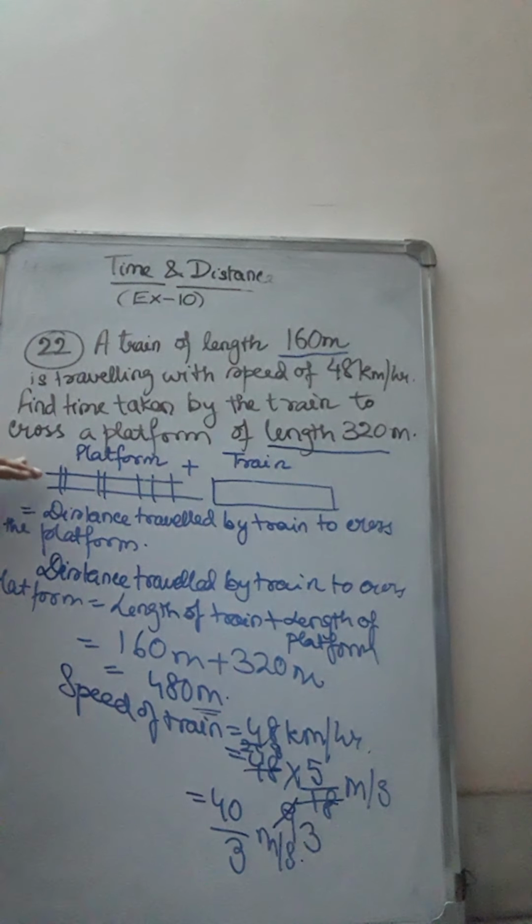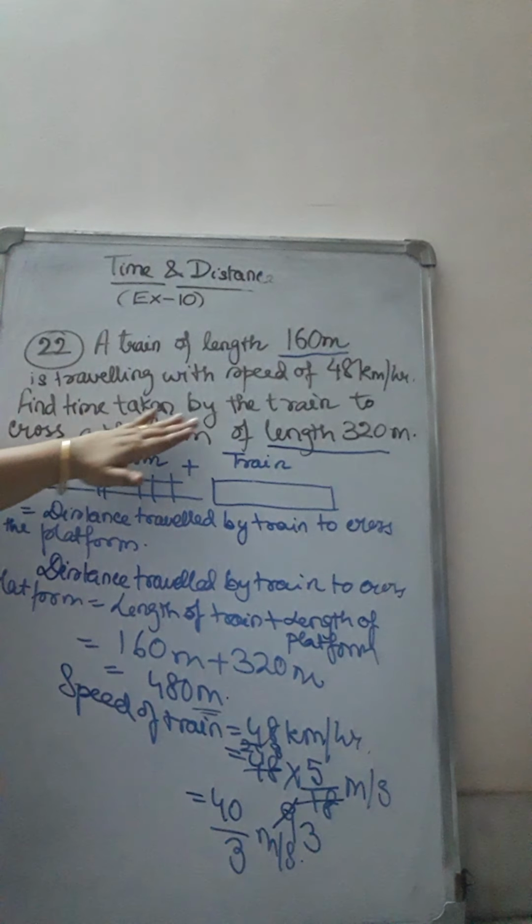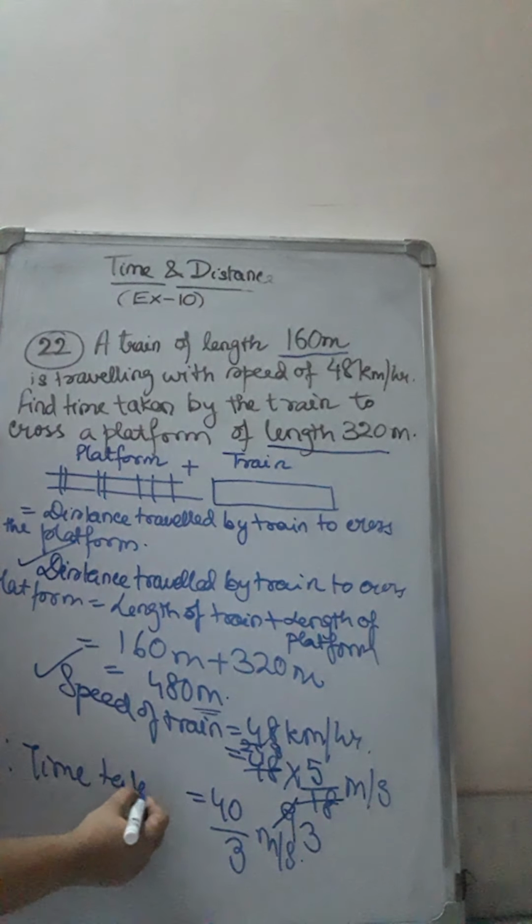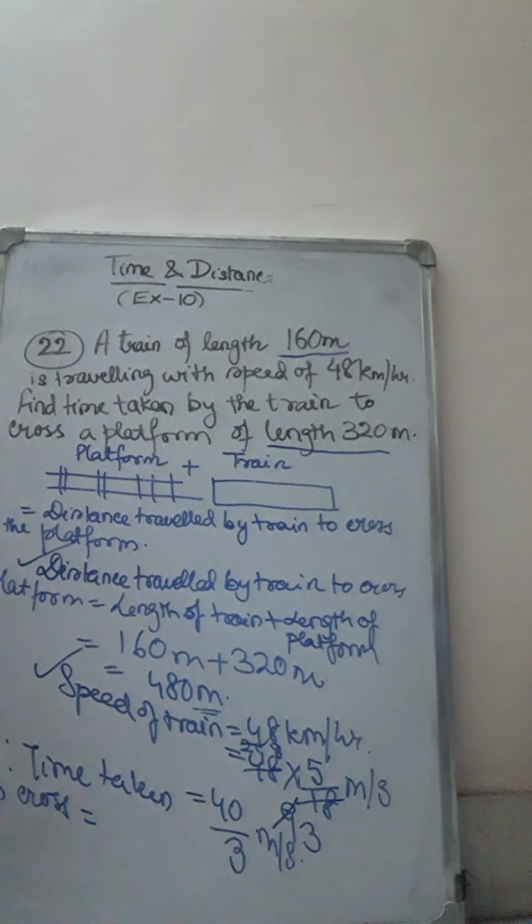And what is the requirement of the question? Find the time taken by the train to cross. So from the information of distance and speed, we can find the time taken. Time taken to cross the platform will be equal to, how to find time from distance and speed?